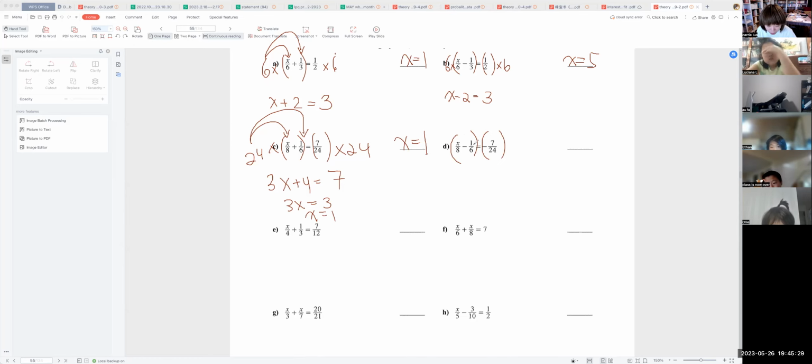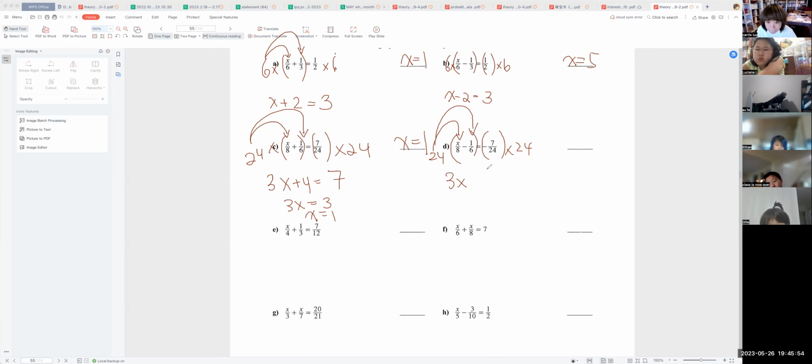Very good, 24. Okay, so Ollie, can you tell me 24 times x over 8 equals what? 3x. 3x, very good. 24 times negative 1 over 6 equals what?